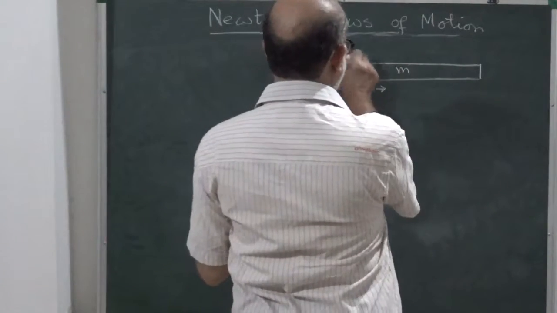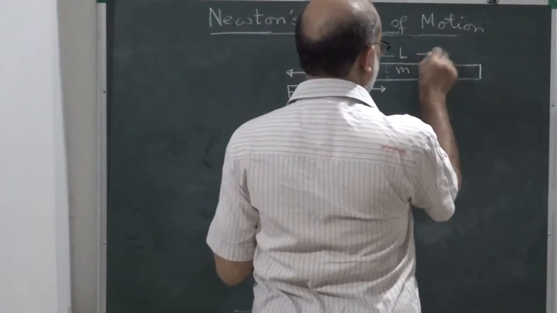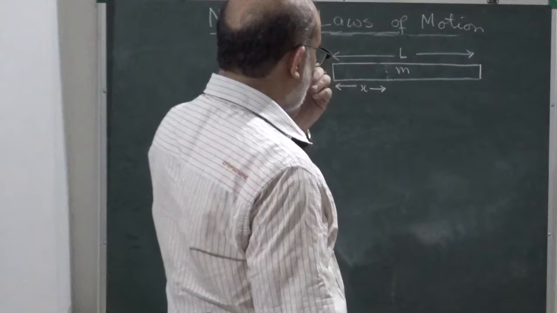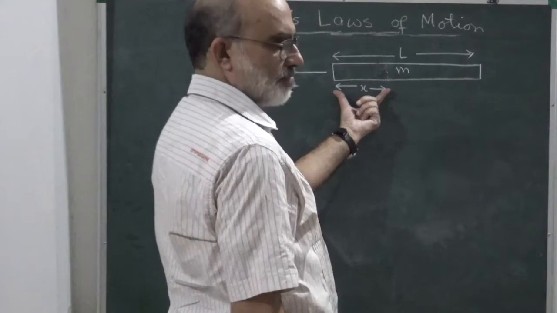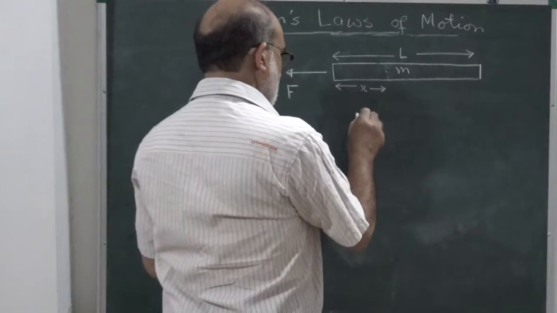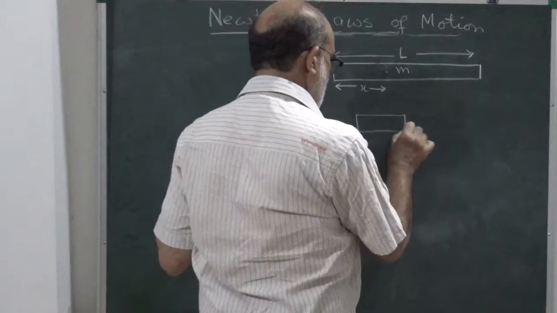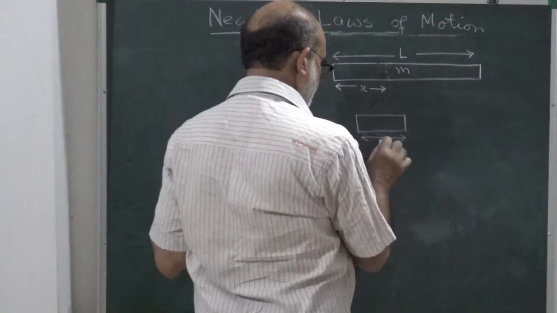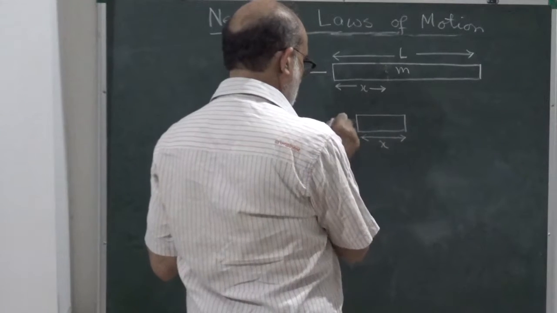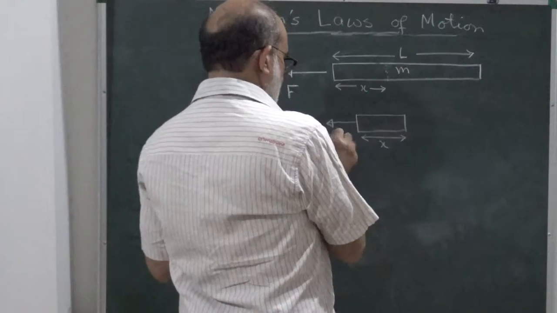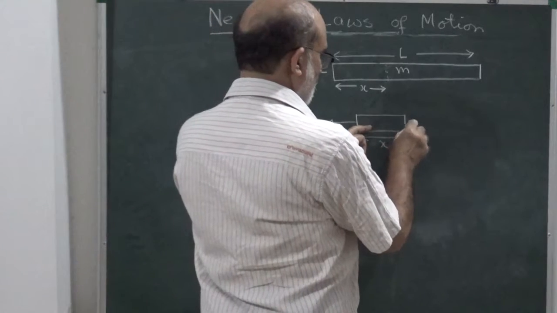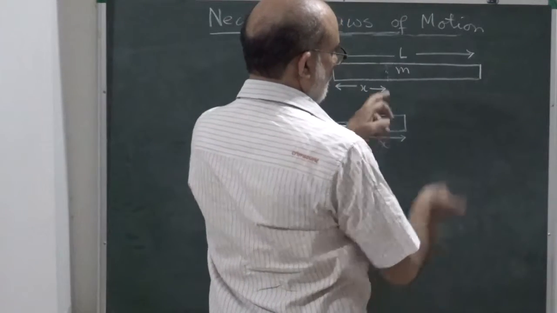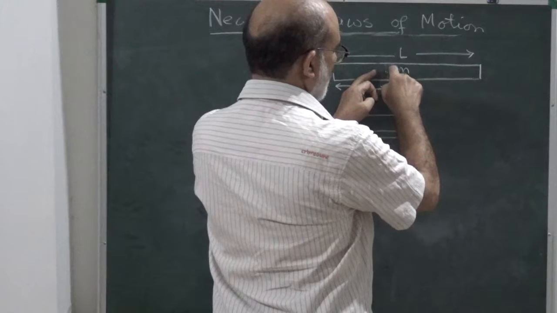And suppose the length of the string is given as L. Now the portion of the string on which we are concentrating is of length x. So this portion of the string is our system of length x. So the external force here is F. If this is our system, but the system is attached to the next portion, the L minus x portion of the string, it means there is an action and a reaction between them.